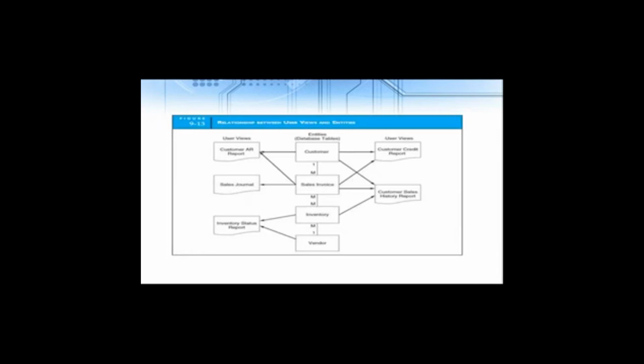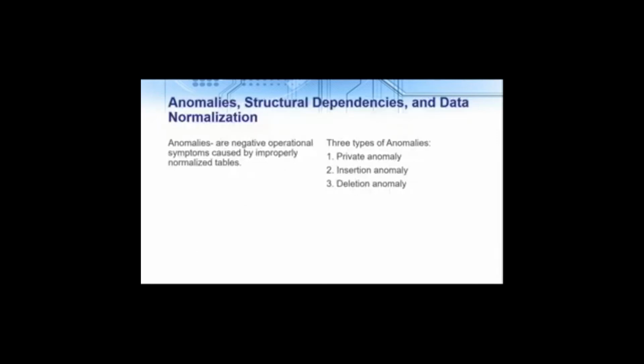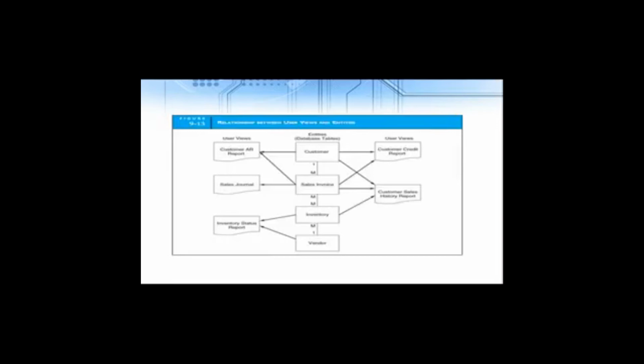Relationship between users, views, and entities. A user view was defined earlier as a set of data that a particular user sees. Examples of user views are computer screens for entering or viewing data, management reports, and source documents such as an invoice and a purchase order.